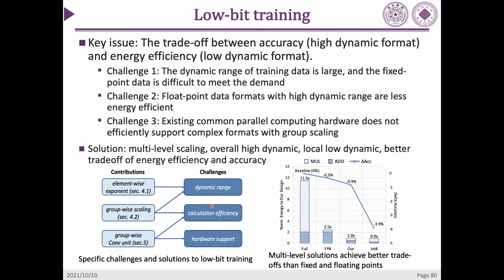Accordingly, we try to give some contributions or technology. I will not go into details, but if we design it properly, then you can lower the energy consumption from full precision by 10 times with very little accuracy decrease.